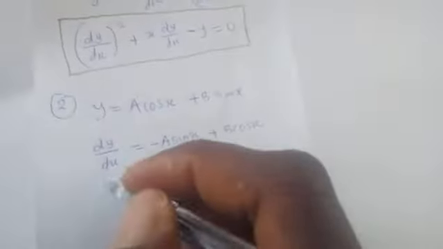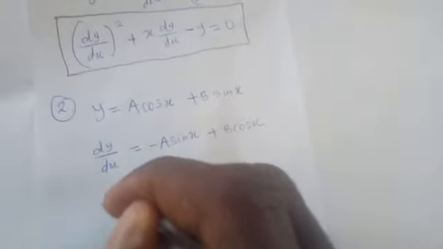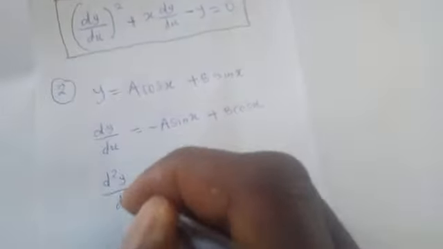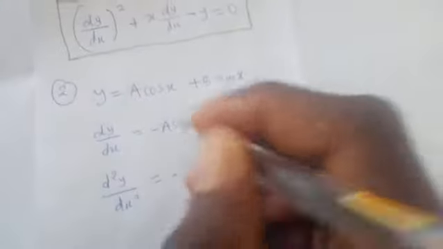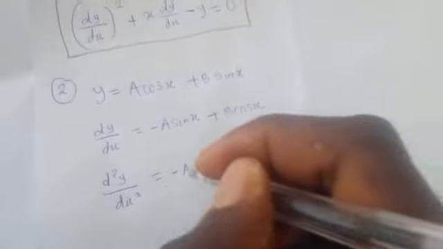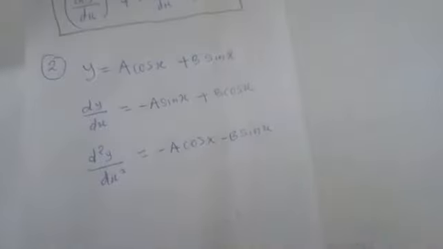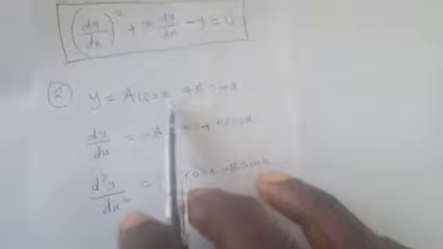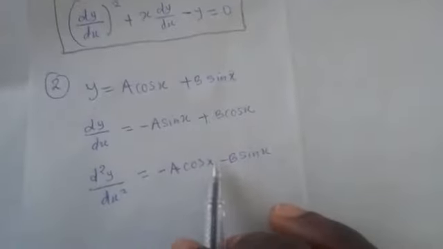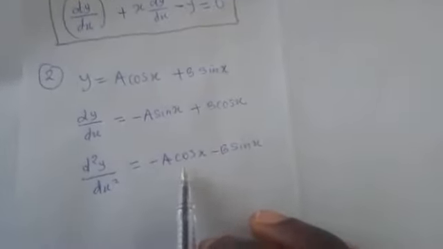So if I differentiate dy/dx, that's the second derivative of y, I'm going to have d squared y over dx squared to be equal to, negative a sin x, if I find the derivative of this, I'm going to have negative a cos x. If I find the derivative of this, I'm going to have negative b sin x. You are going to observe that I have a cos x and b sin x here as my y. The only difference is the negative sign. So I'm going to factorize out the negative sign.